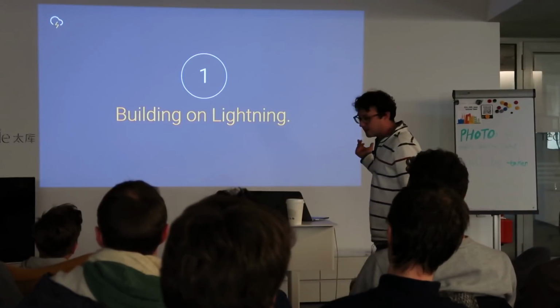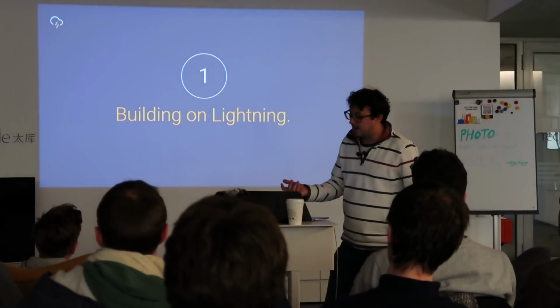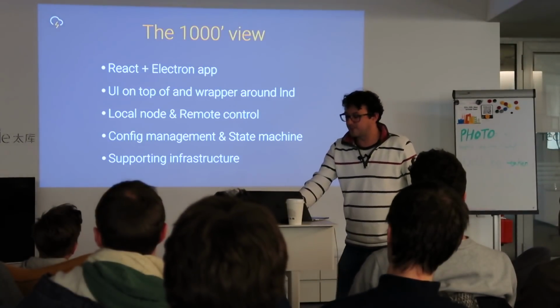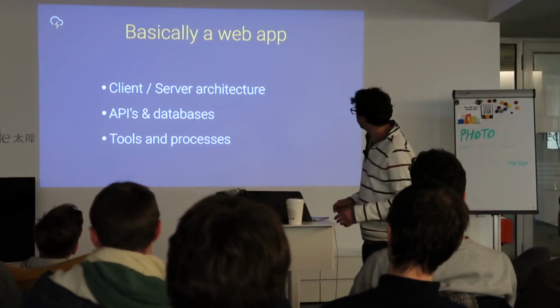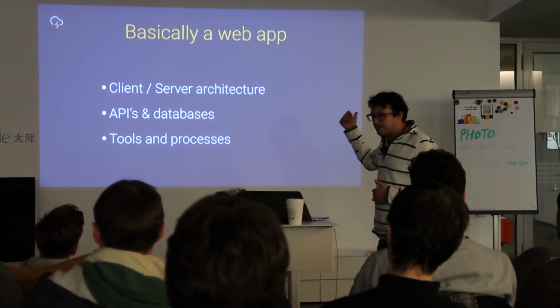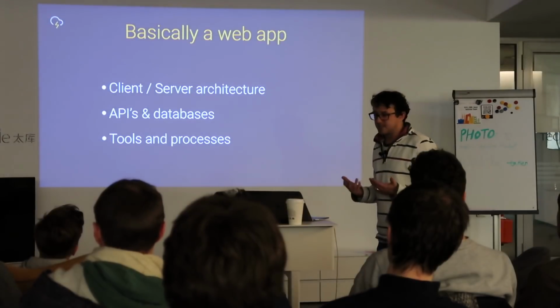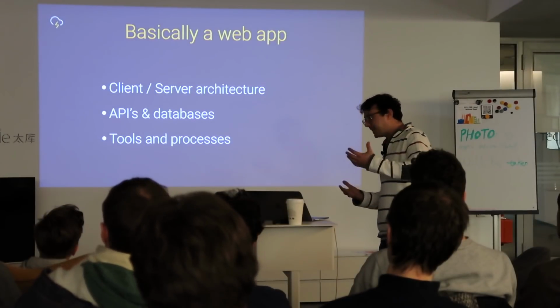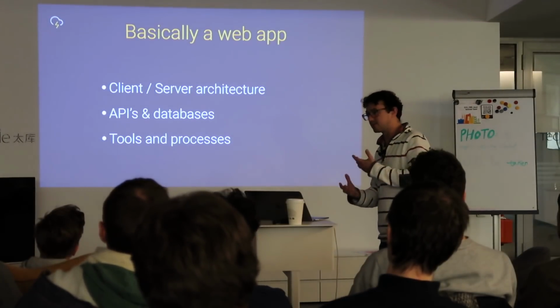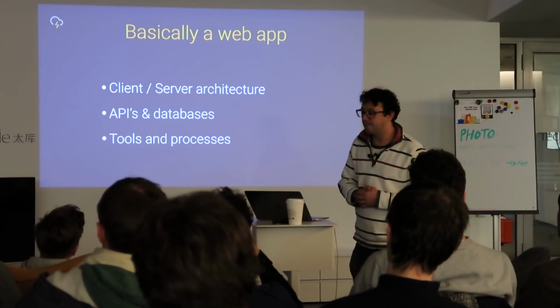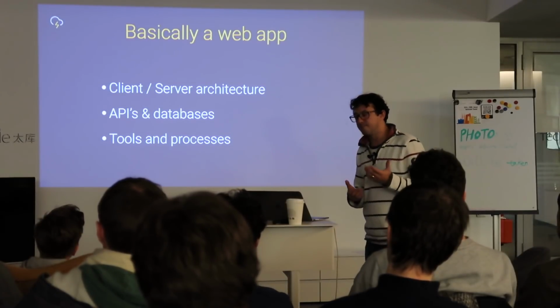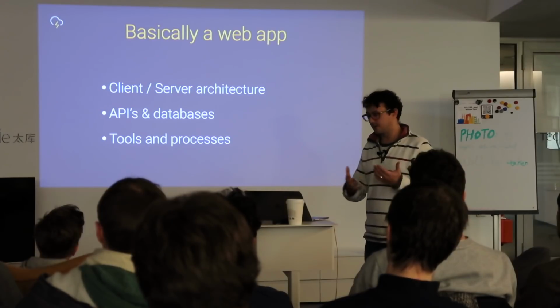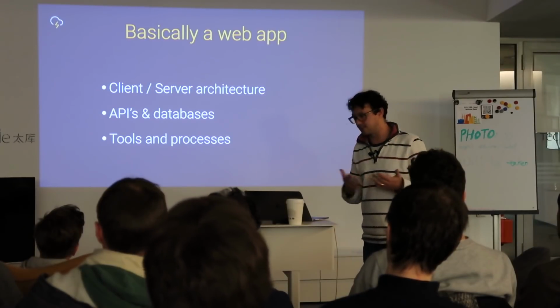So starting off, building on Lightning. The first thing I would say is that Zap is basically a web app at its core. Technically it's a React application running in Electron. If you've done web development before, or you're familiar with client-server architecture, it's pretty similar.